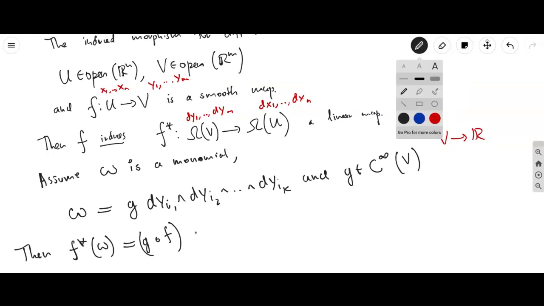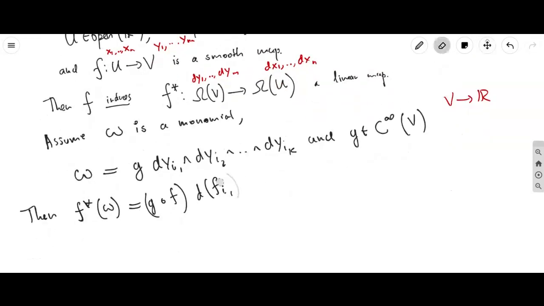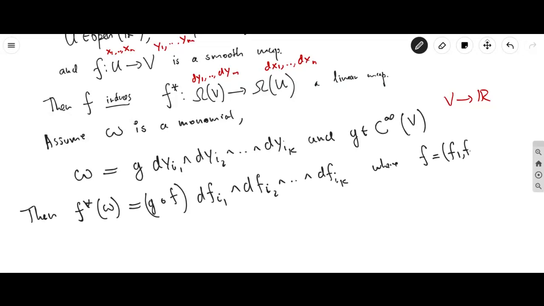So this would be d of f_i1 wedge d f_i2, d f_ik. Where f has been decomposed into coordinates.